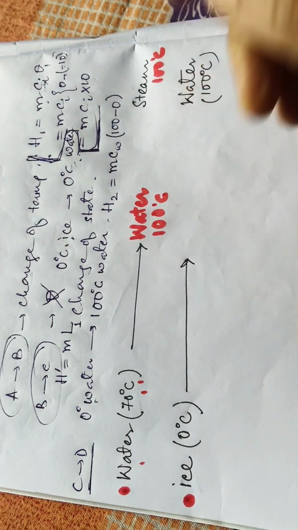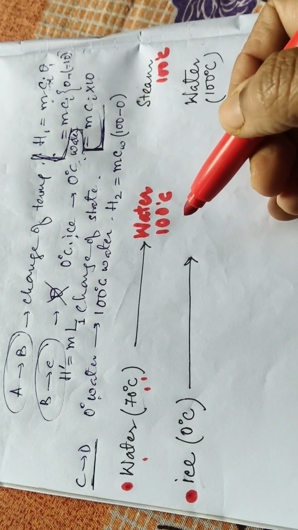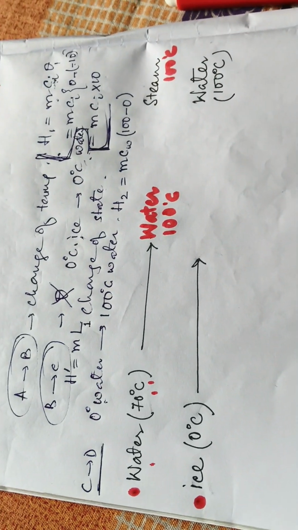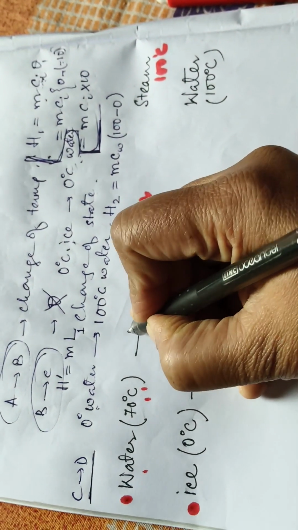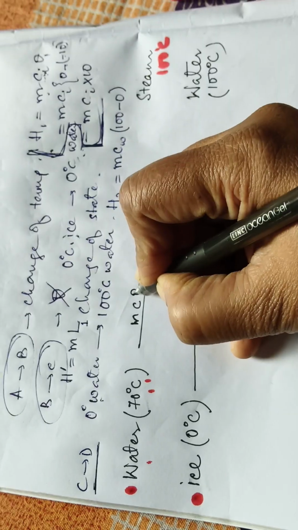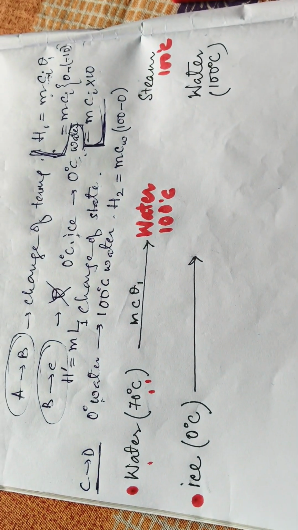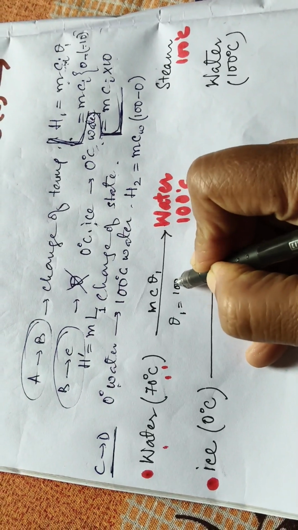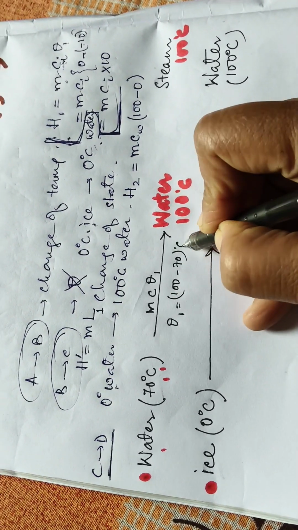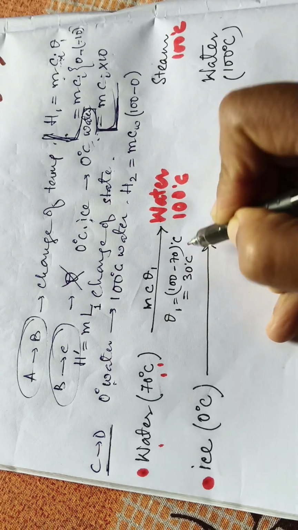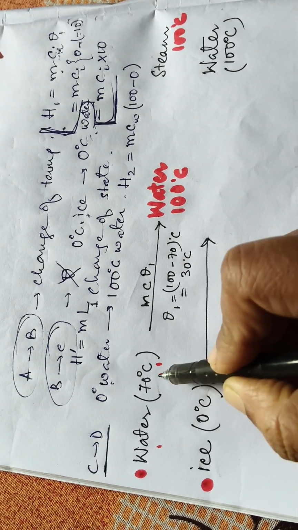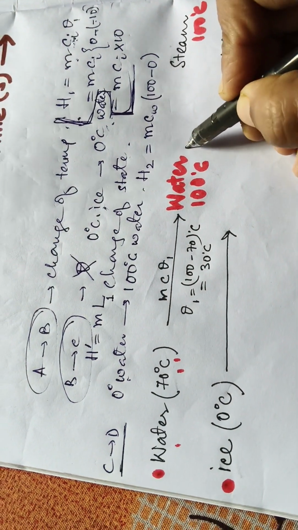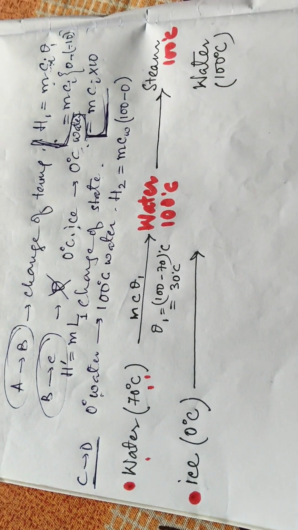So in this step, the heat absorbed can be calculated with the help of MC theta 1, where theta 1 is 100 minus 70, that is 30 degrees centigrade. This part is water at 70 getting converted to water at 100 degree. Then only water at 100 degree gets converted to steam.